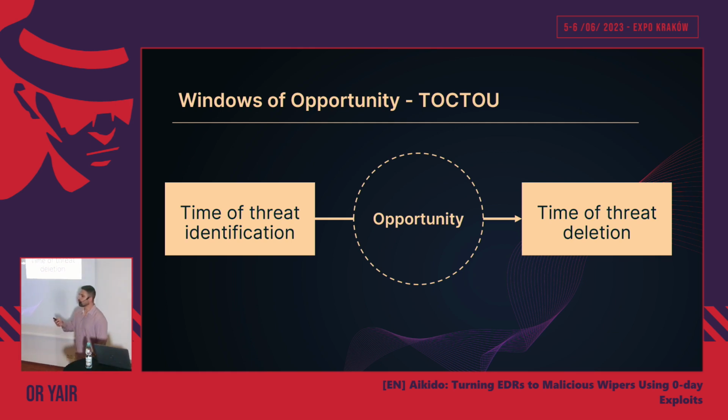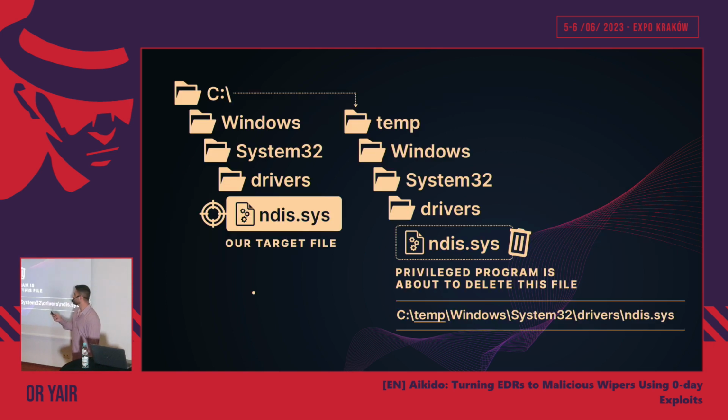So let's see what my first idea was. Let's say that as an unprivileged user, we want to delete a driver. That driver is ndis.sys, and it is located inside C:\Windows\System32\drivers. Then what we can potentially do is create a path which is very similar to the path that we want to delete, just with one main difference, like you can see on the right side of the slide.